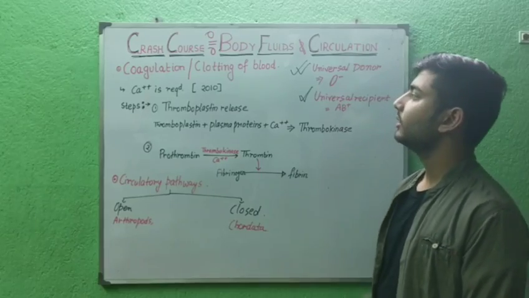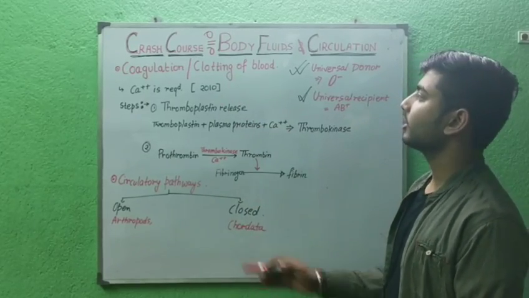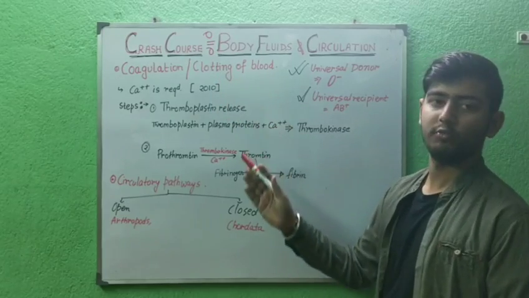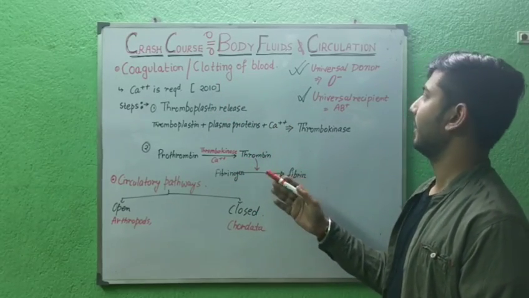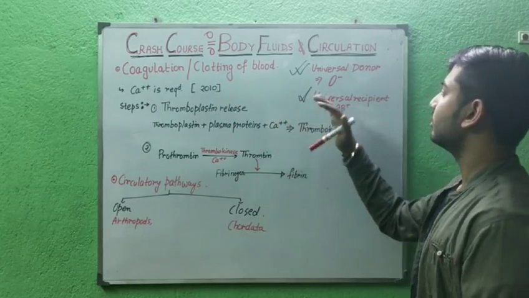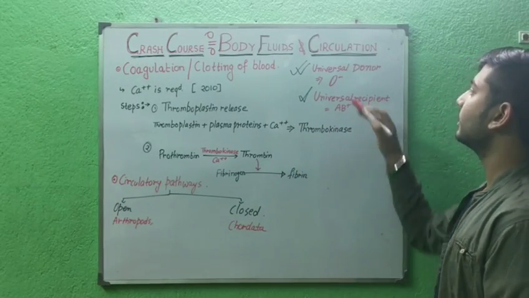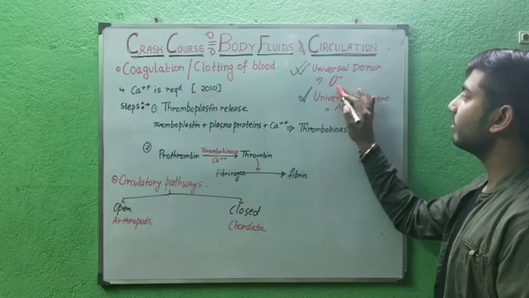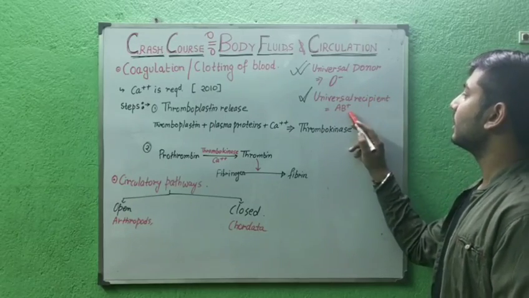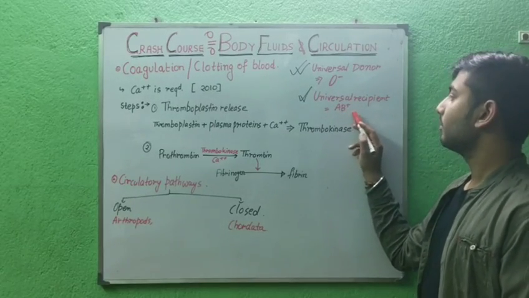Thank you, guys. In this board, we will discuss coagulation or clotting of blood. Both are generally the same. First of all, in the previous board we missed something, so we will recapitulate that. The universal donor is O negative, while the universal recipient is the AB positive blood group.